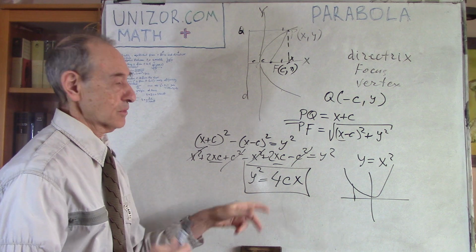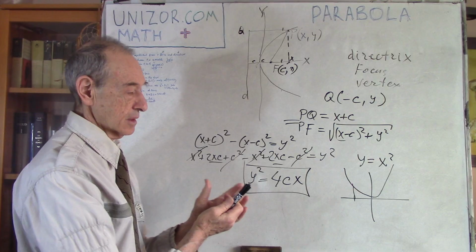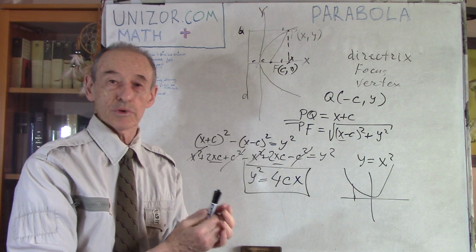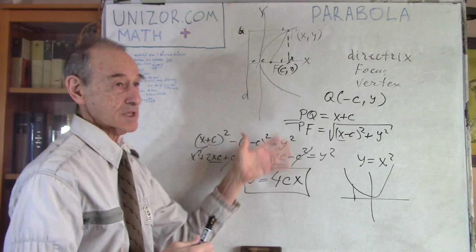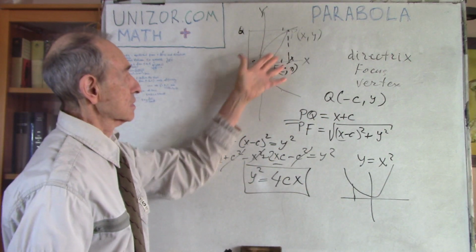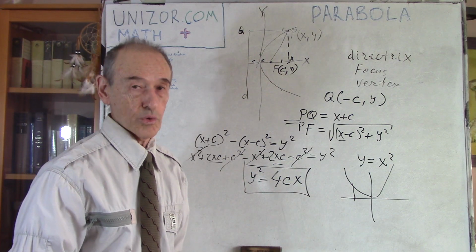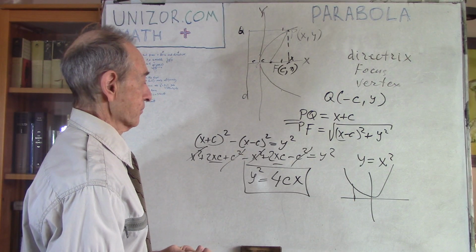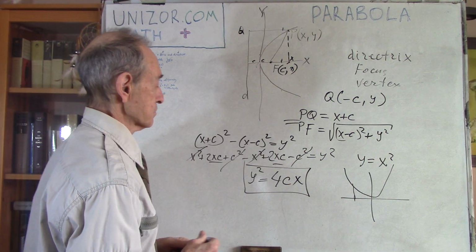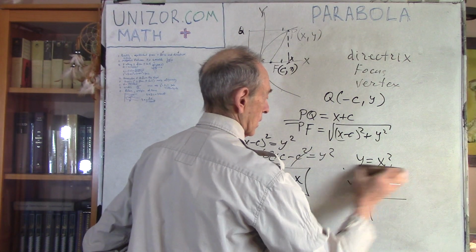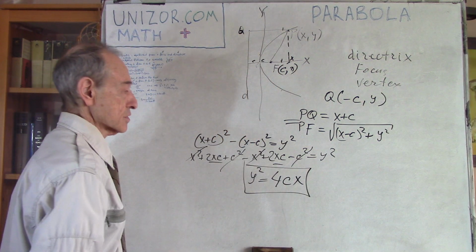In this case, x and y are two coordinates, combined by whatever formula to describe the set of points on a plane which satisfy certain conditions. The condition is equidistance, and this is the formula which describes the locus of points which satisfy this condition. Okay, so we have finished with this task of having a formula which describes our parabola in Cartesian coordinates.